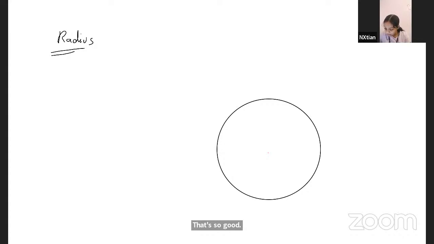And I have my diameter in this circle, that is 6 centimeter. This whole diameter is 6 centimeter.